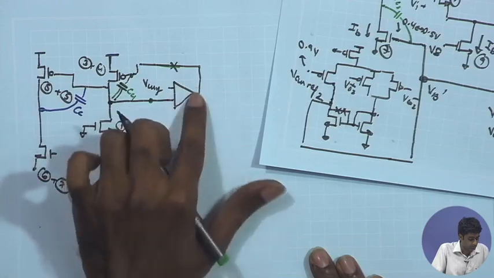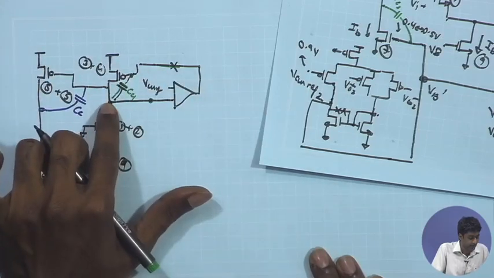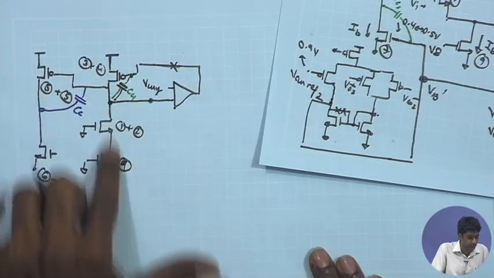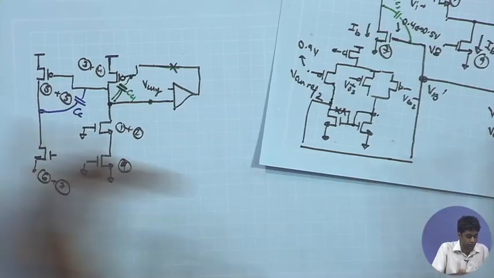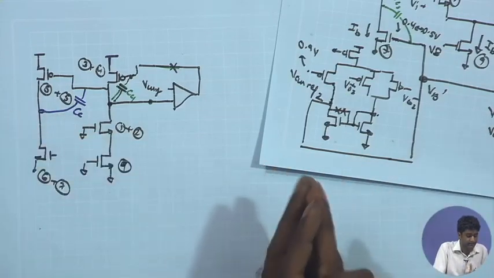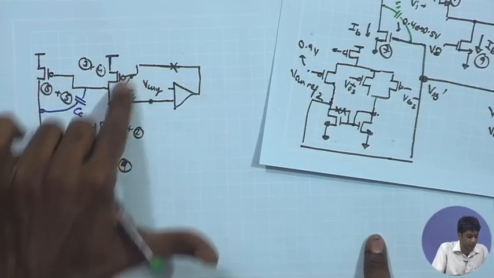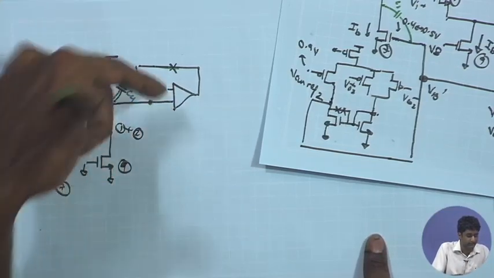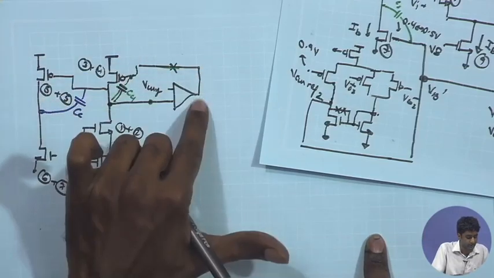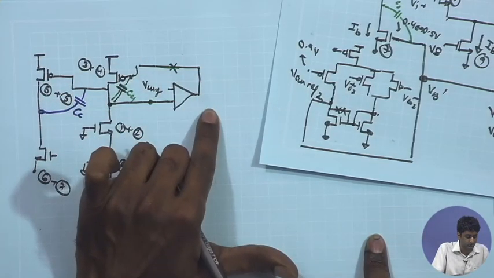This pole is going to be pushed towards lower frequency, and this stage is going to act like the second stage of my two-stage op-amp, just like we analyzed the two-stage op-amp where we put a compensation capacitor between the first stage output and second stage output. So it is acting like the CC between the first stage output and the second stage, giving you a Miller capacitance over here.